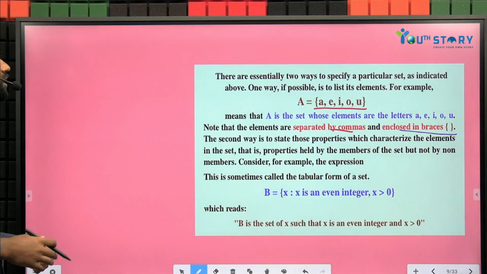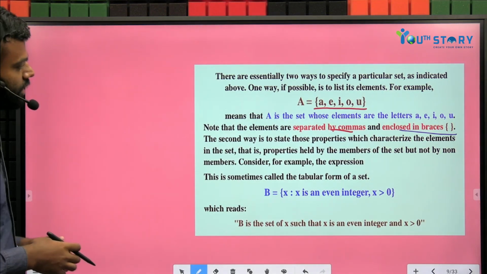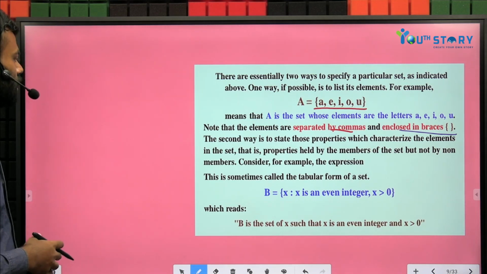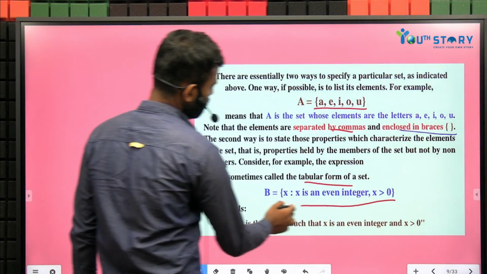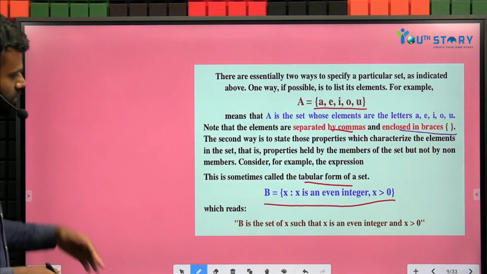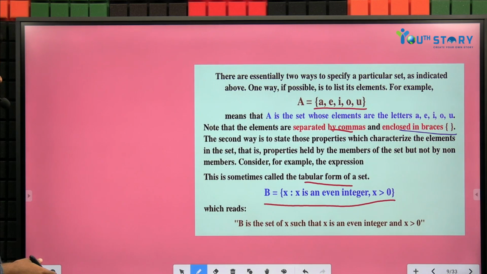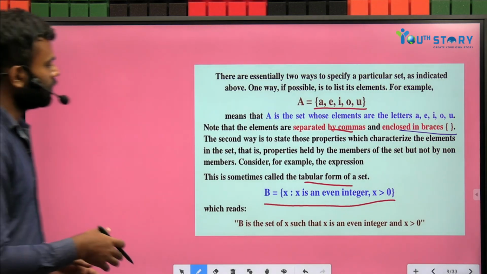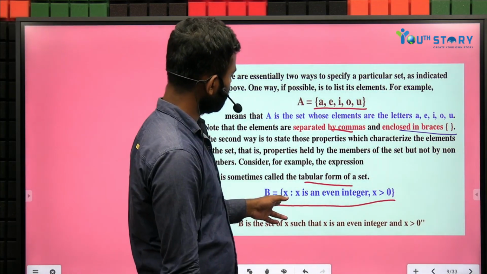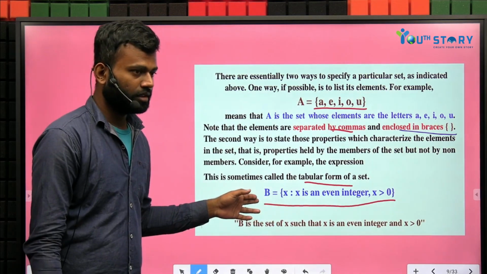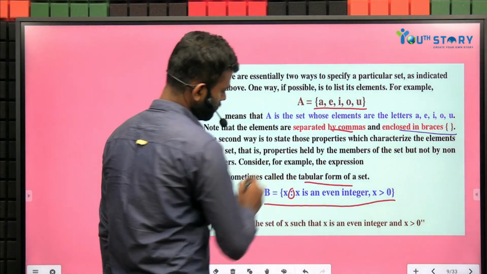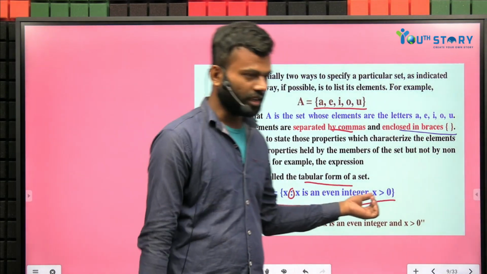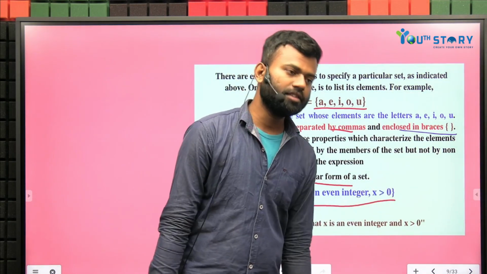The second way is to state those properties which characterize the elements in the set, in this tabular form, and this is the most famous form of defining a set. We can write B equals the set of x such that x is an even integer and x greater than 0.